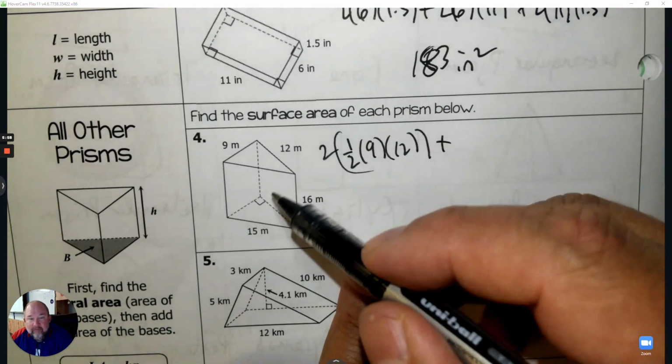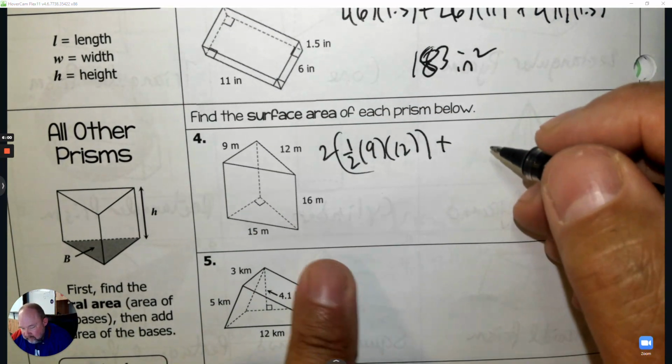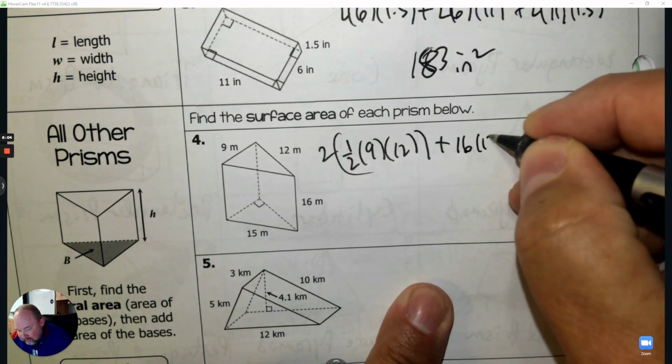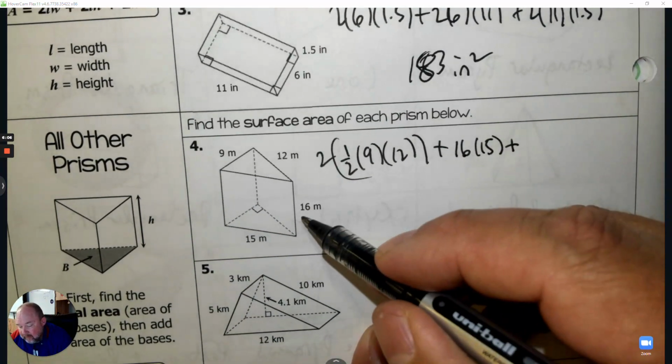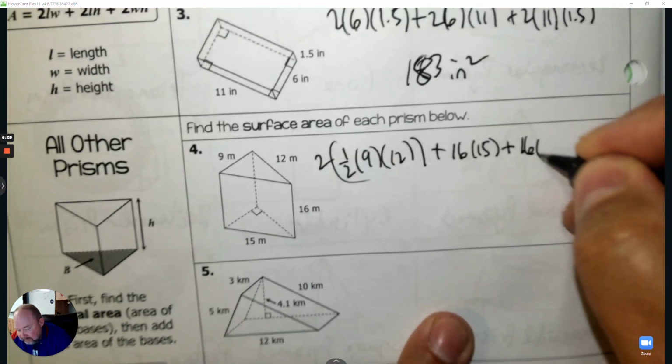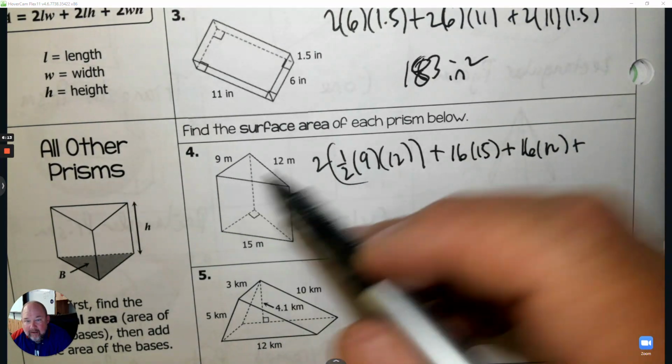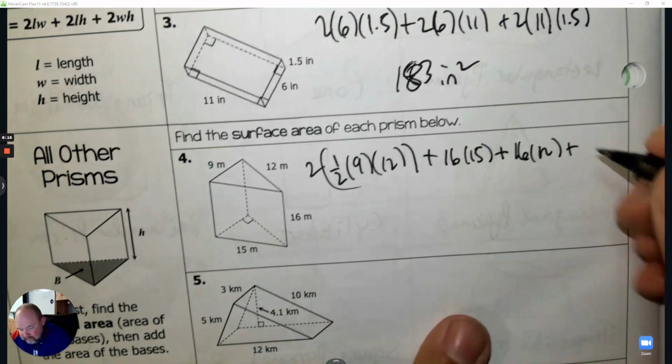Plus, we have 3 rectangles. So one rectangle is 16 by 15. Another rectangle is 16 by 12. And another rectangle is 9 by 16.